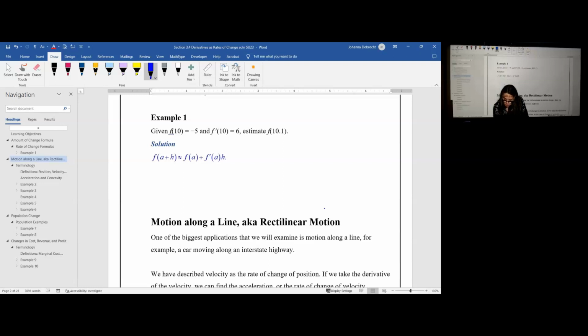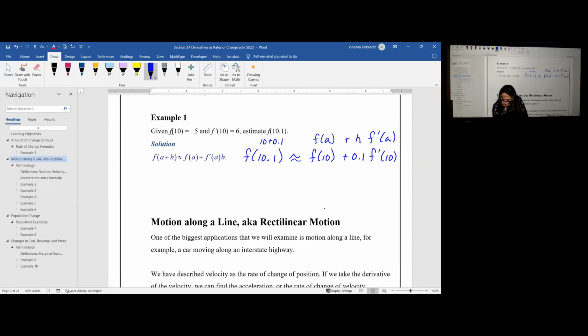In this case, we want to find f of 10.1, which of course is 10 plus 0.1, our A plus h. And we want to approximate this with f of 10, f of A, plus h times f prime of A, which would give us 0.1 times the derivative at 10.